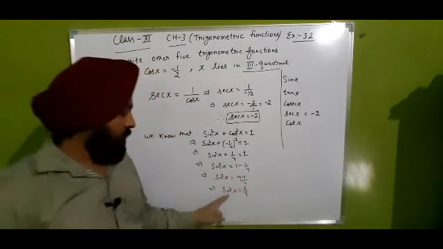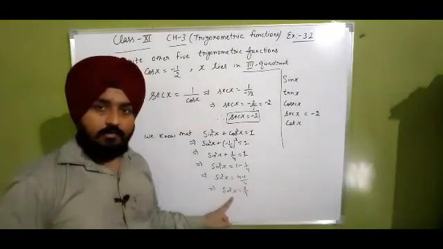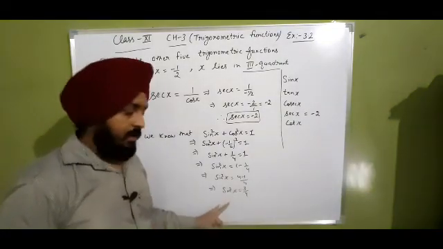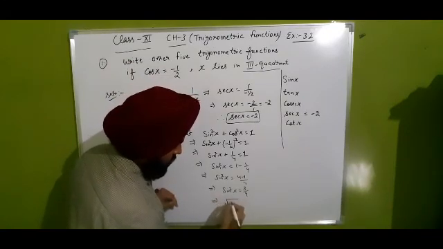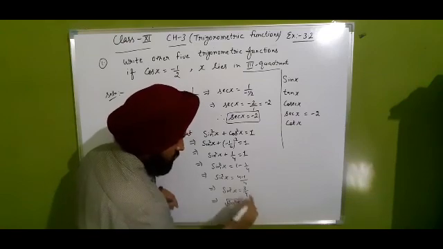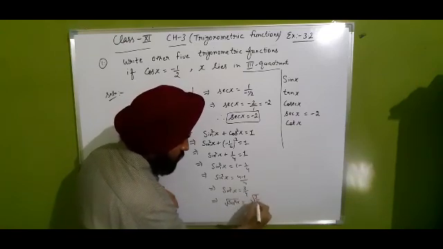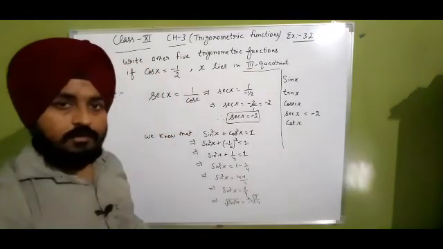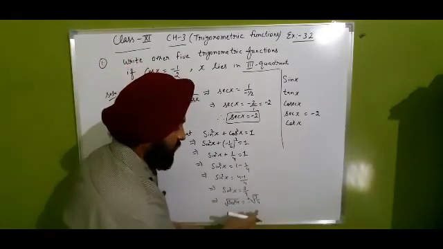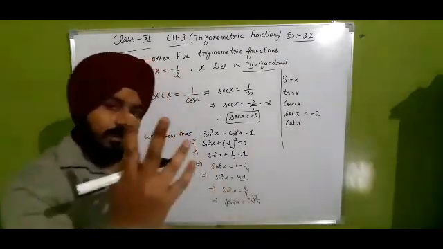As you know, square value is there, so we have to take square root on both sides. Then square will be cancelled with its square root, and root 3 upon 4 will be there, plus minus. Keep in mind, whenever you take square root, the value on the right side gives you two values.